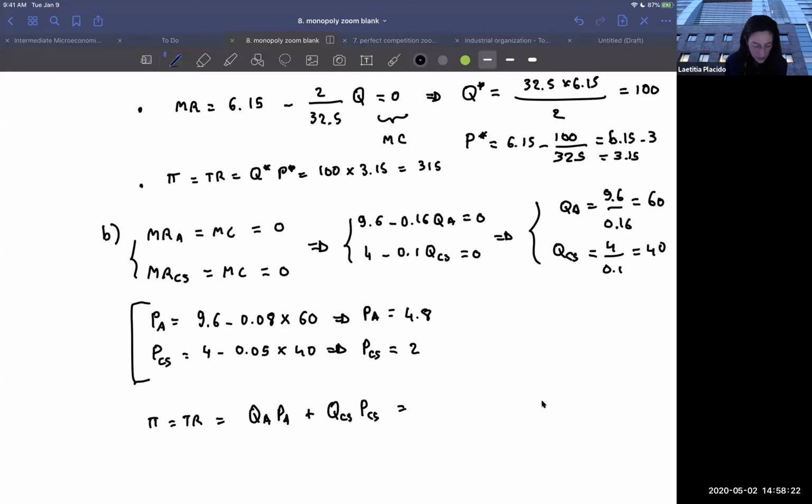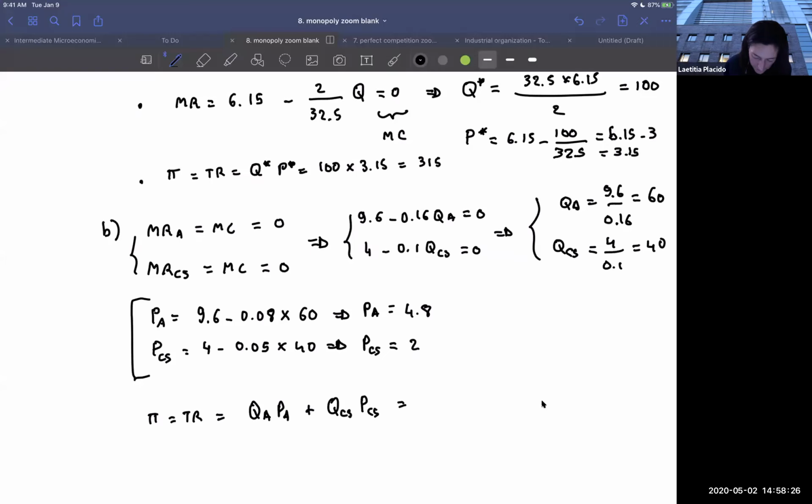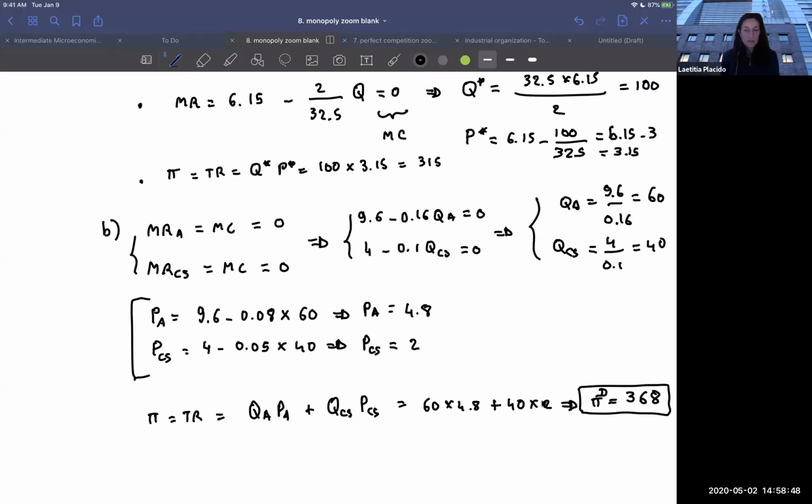This is 60 times 4.8 plus 40 times 2. And we find 368. That's the profit of the monopolist when he price discriminates.